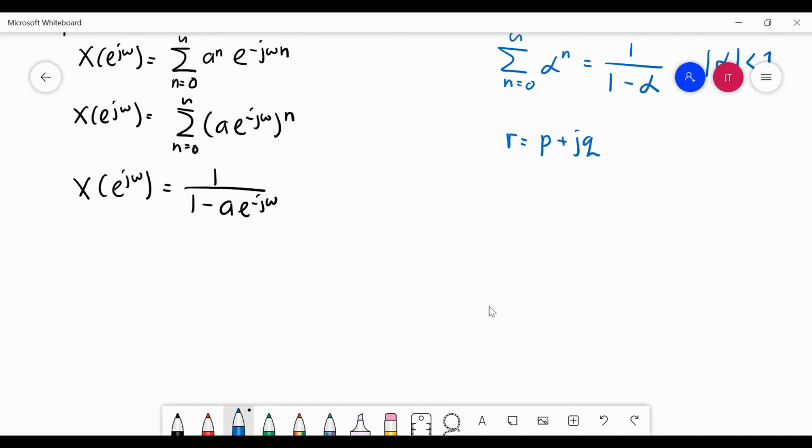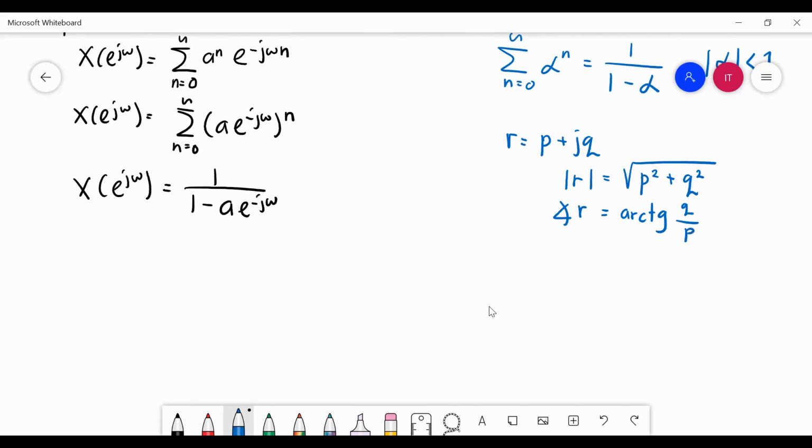The magnitude of this complex number will be the square root of real squared plus imaginary squared, and then the angle is the arctangent of imaginary divided by real.